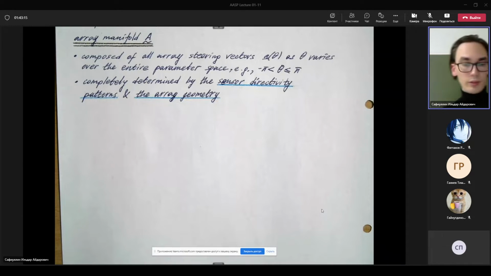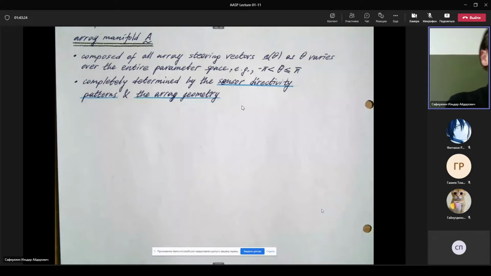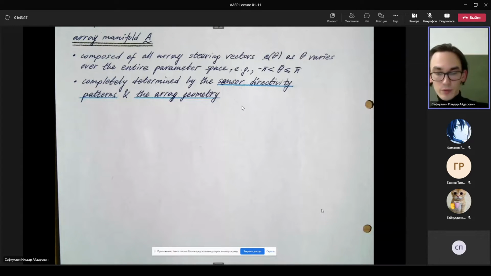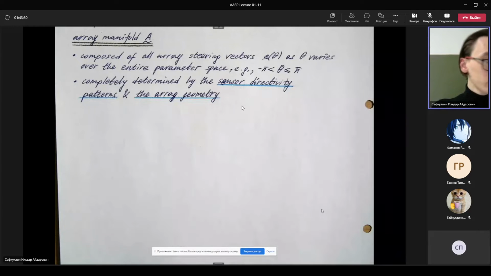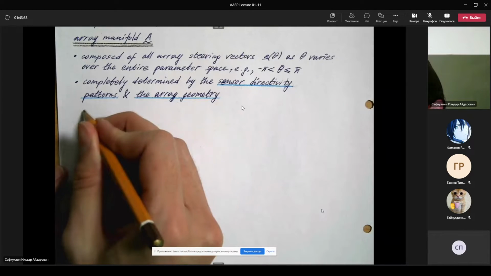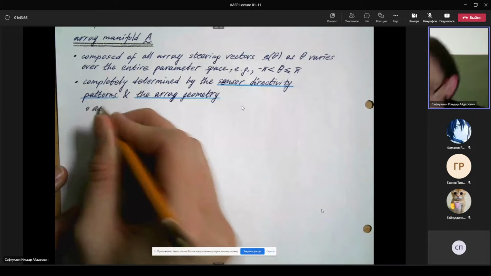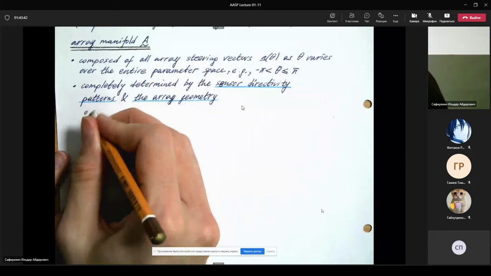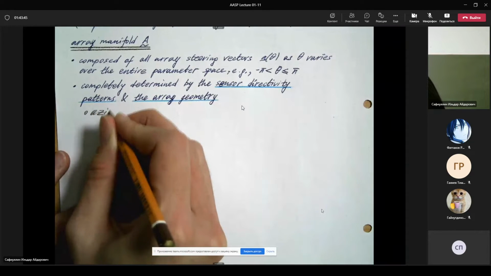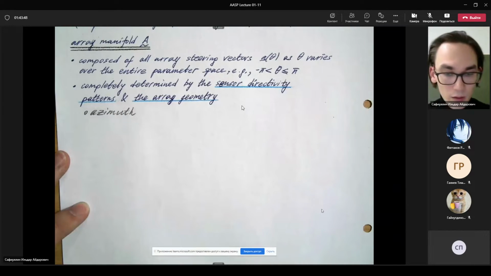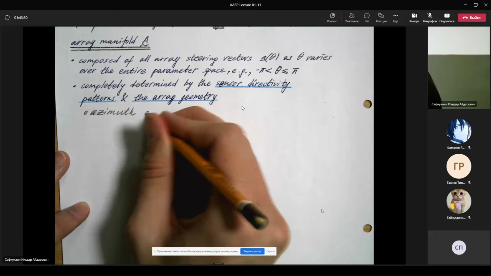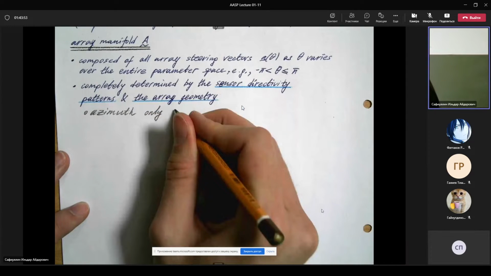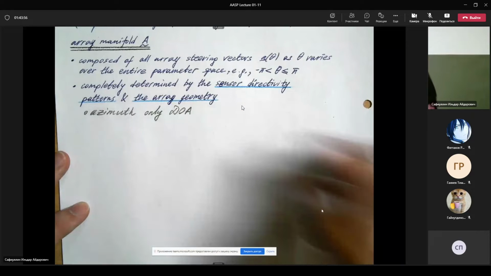And let's start with the easiest example. We have only azimuth direction of arrival estimation, so it is with theta value. So the first example is azimuth only direction of arrival estimation.